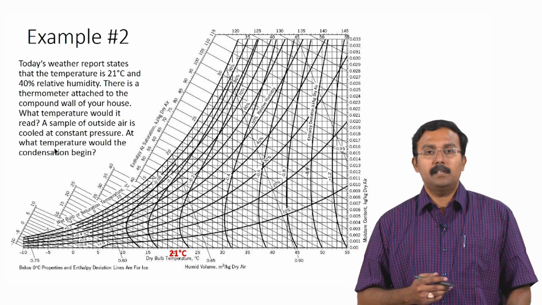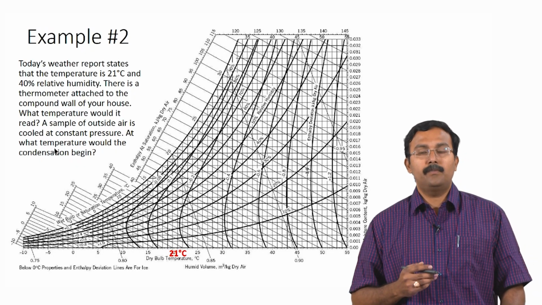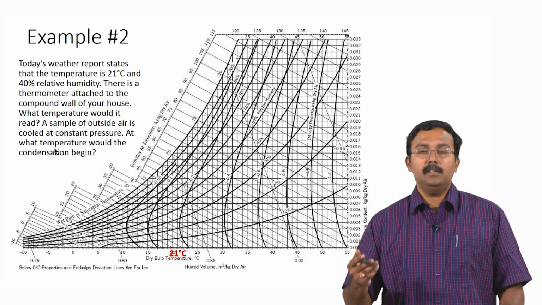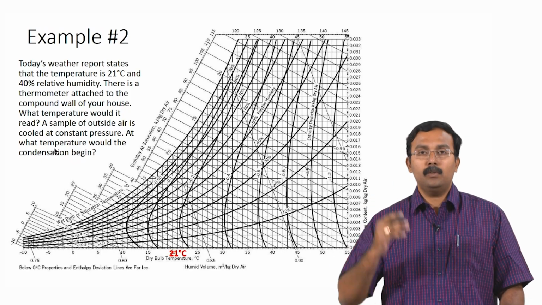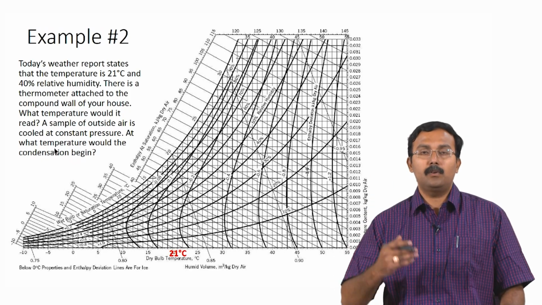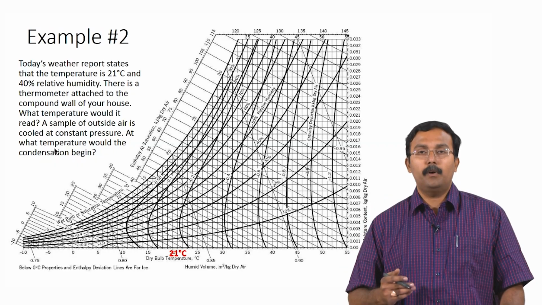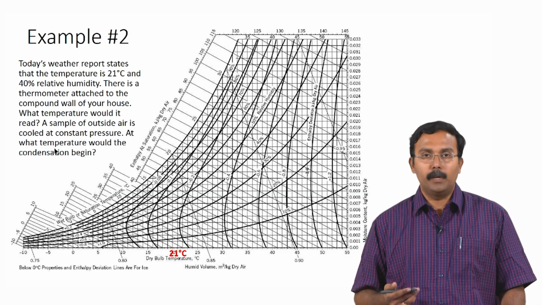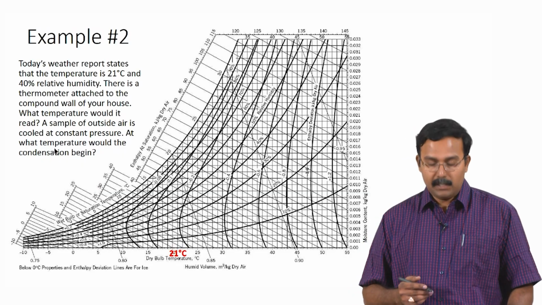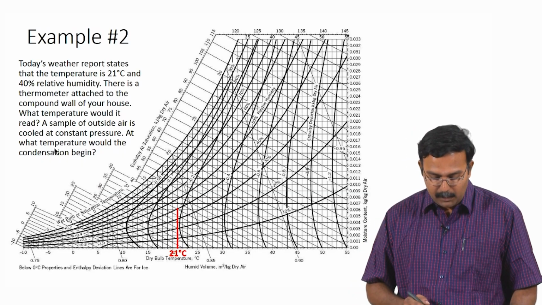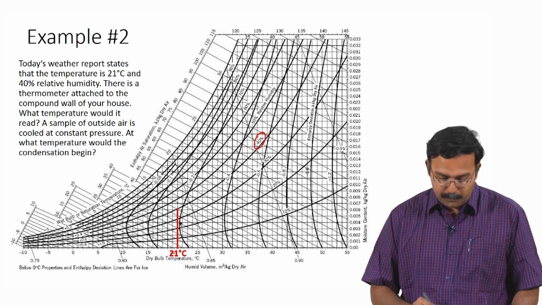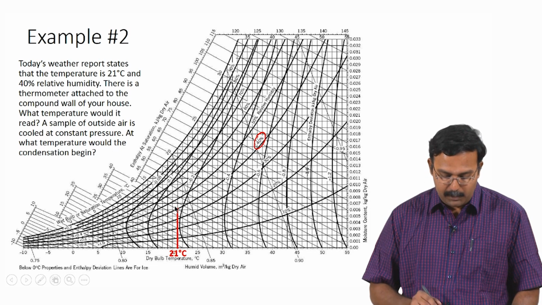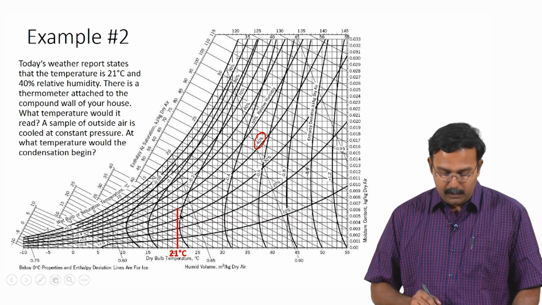So, the next aspect is we have been asked to identify at what point the condensation would begin if we were to cool this temperature. So, if I were to keep cooling this air, at what point will the first dew start forming? That would happen at the dew point. I know it is 21 degrees Celsius and 40% relative humidity. So, this is the 40% relative humidity curve. I have identified the point here and I have drawn a line to that point.